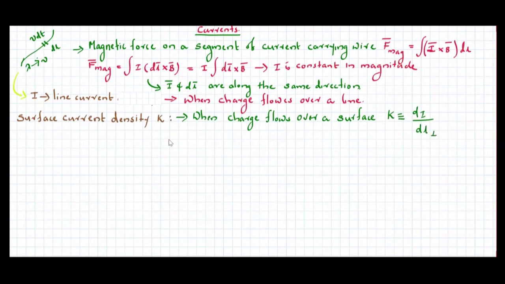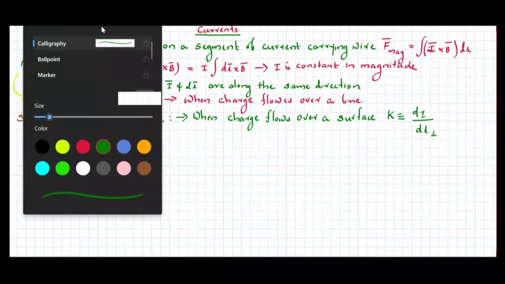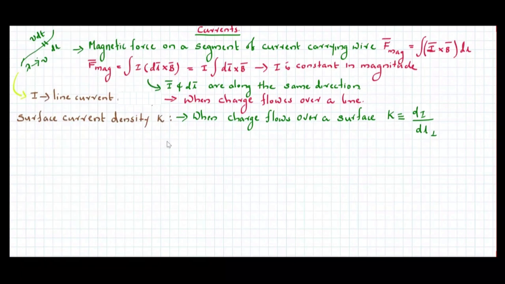To define the surface current density, you consider a surface on which the surface charge is moving. You consider a ribbon of infinitesimal width dl perpendicular.